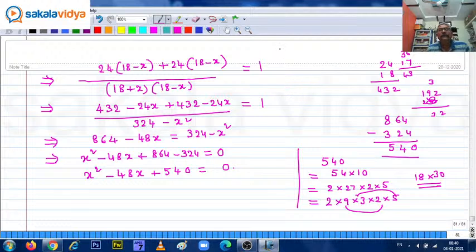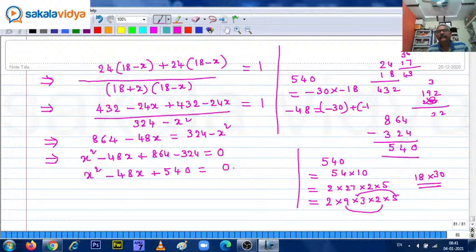So that means 540 you can write like this. 540 equals to minus 30 multiplied by minus 18, and minus 48 equals to minus 30 plus minus 18. So this we can split like this. X square minus 30x minus 18x plus 540 equals to 0.